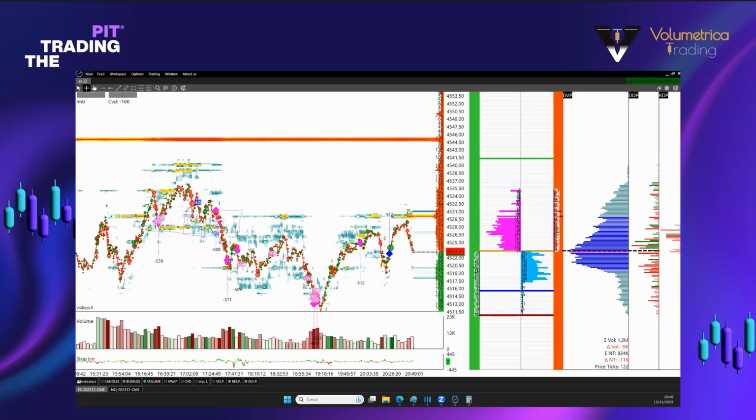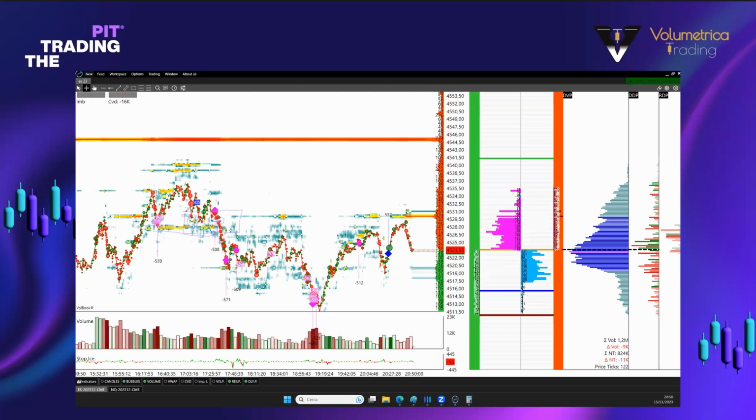The fact that price came back and made 3 pullbacks on the area means acceptance. That's evidence of acceptance. Otherwise, price would have just made 1 pullback and then gotten away from the area.